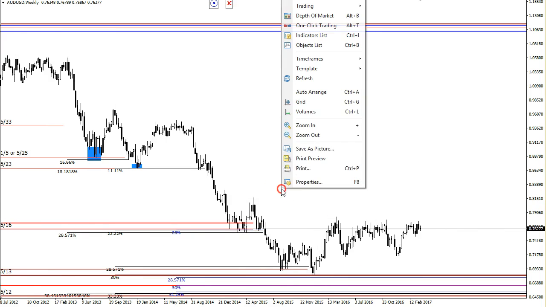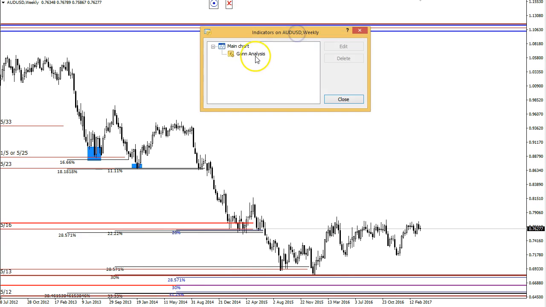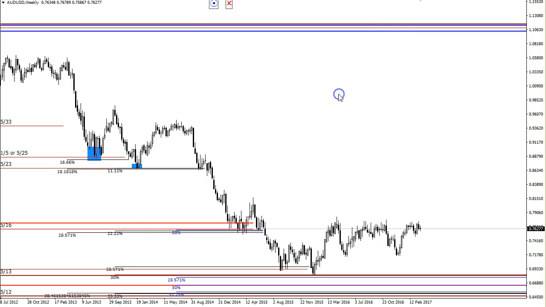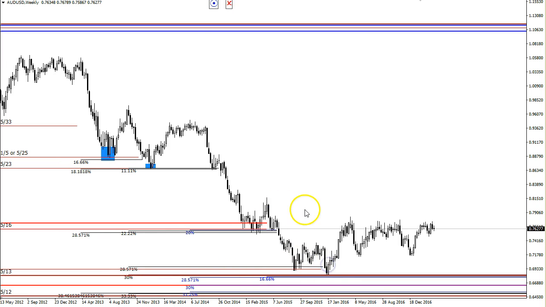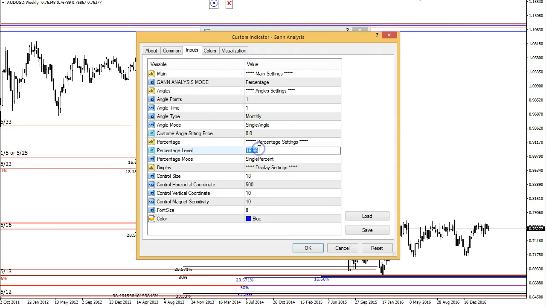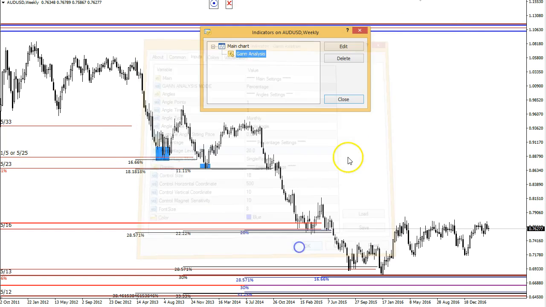From here and from here, if I take 16.66, you can see that 16.66 is in the same area. You have the 20% did stop the market before.